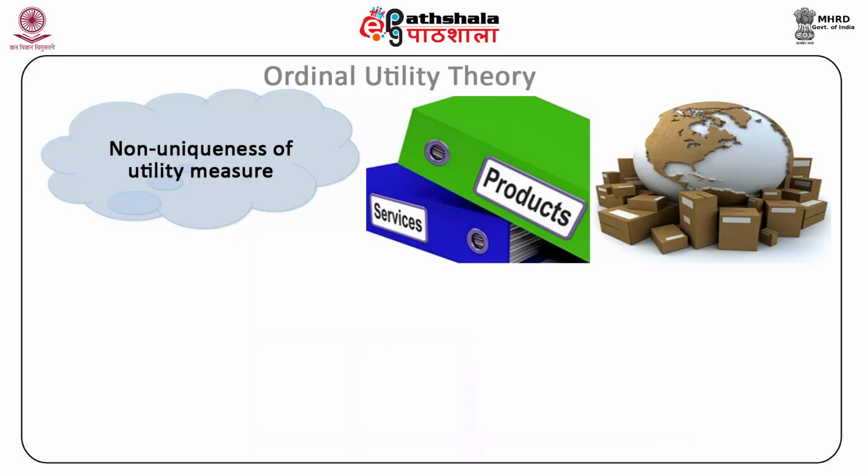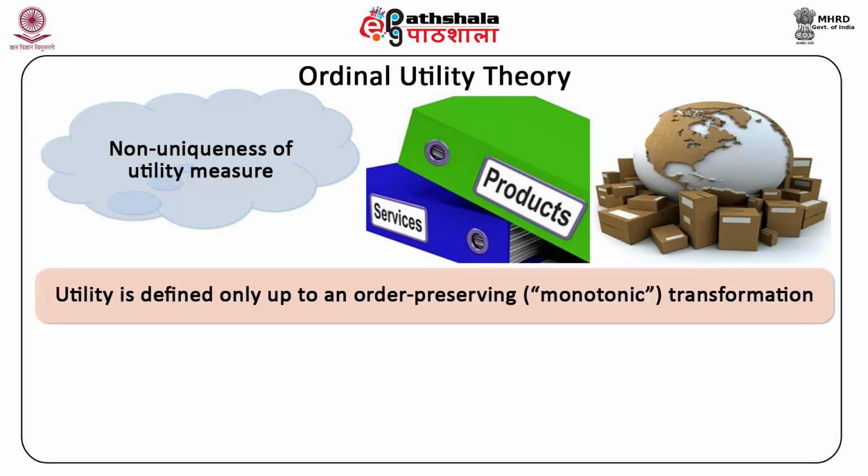Second point is non-uniqueness of utility measure. For two consumption bundles A and B, if a utility function UF gives a value UA equal to 10 and UB equal to 14, and another UF gives UA equal to 2000 and UB equal to 5 lakhs, in both cases the numbers imply that B is preferred to A. In technical terms, our notion of utility is defined only up to an order preserving or monotonic transformation.